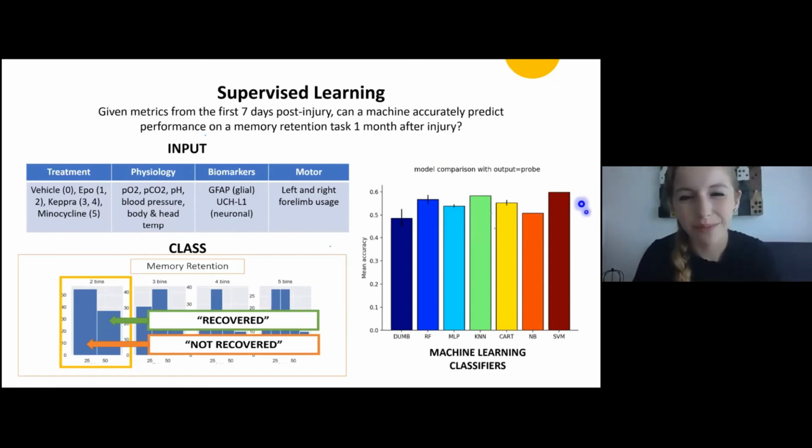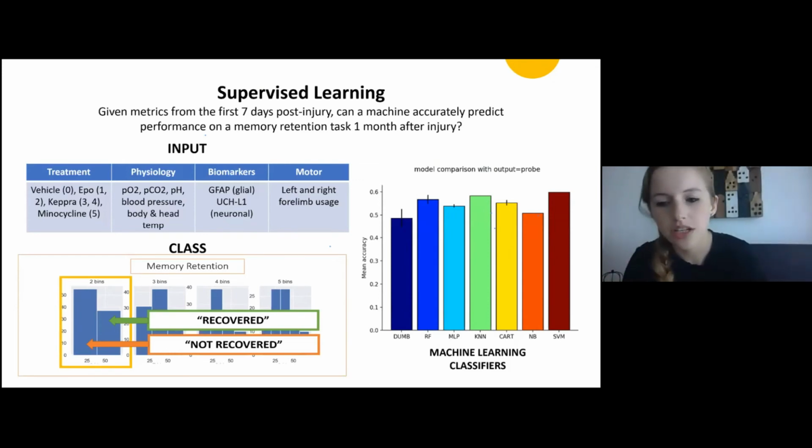You had the SVM performing at about 62% accuracy, which outperformed the baseline classifier at 48%. However, it's far from perfect. And while this does suggest that there are patterns in this data set that are allowing the machine to complete the task, they're not quite as striking as what we are looking for.